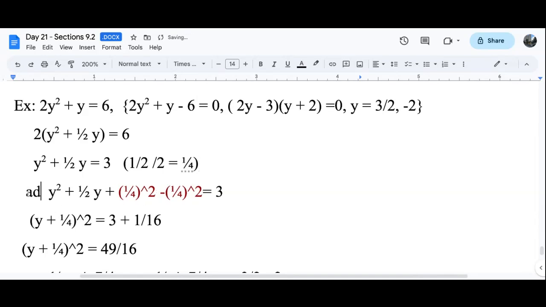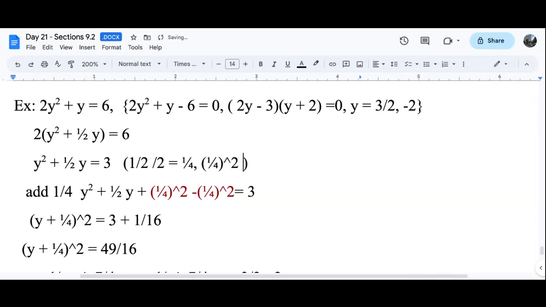So then we add 1/4 squared. So we figure out we take this half, we divide by 2, we get 1/4. Then we do 1/4 square, which is 1/16.